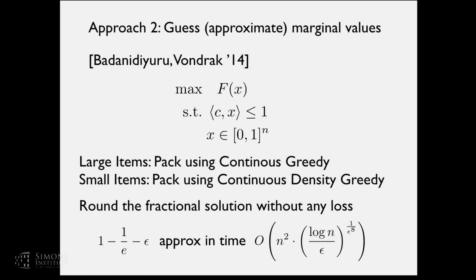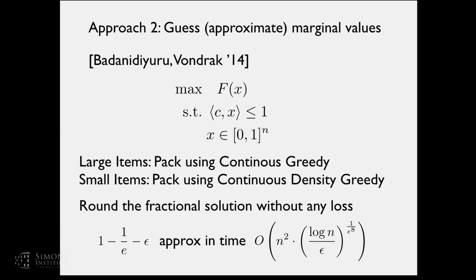Right? So now we're solving a continuous problem. And for the small items, we're only guessing the total marginal gain, and we'll use continuous density greedy to pack them to achieve that gain. Okay. So it turns out that we can implement this carefully and get a fractional solution, which we then can round without any loss and get an integral solution.